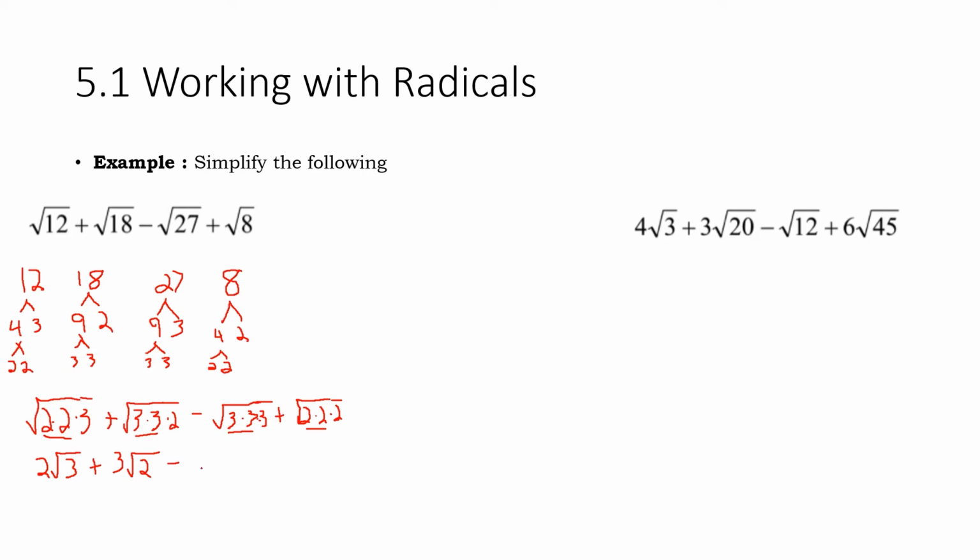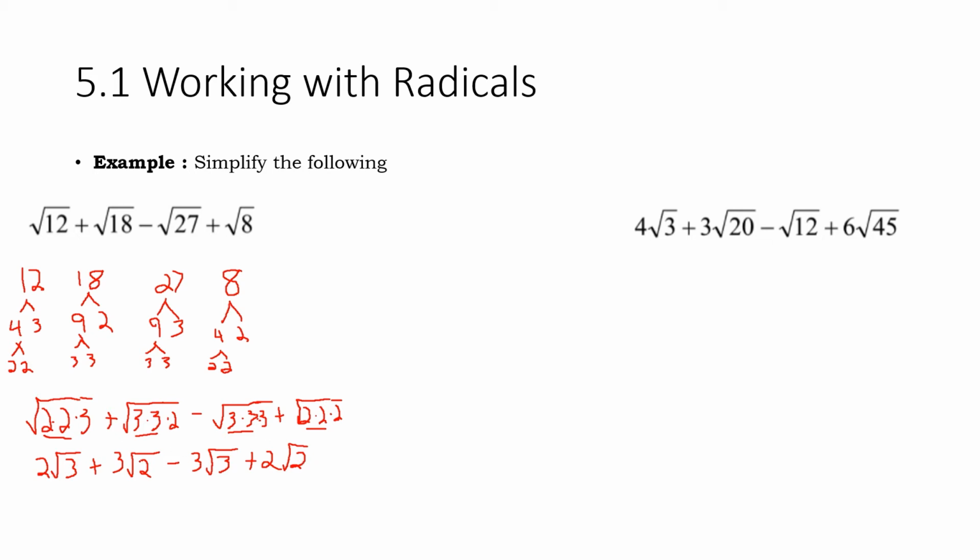Minus, again, 3 times 3 comes out. It's a perfect square. And 2 times 2 is a perfect square. The square root of 4 is 2. Now we can have a look and see if any of them have the same radical. If they have the same radical, you can add or subtract the coefficients. So this root 3 and this root 3 have the same radical, and this root 2 and root 2 have the same radical.